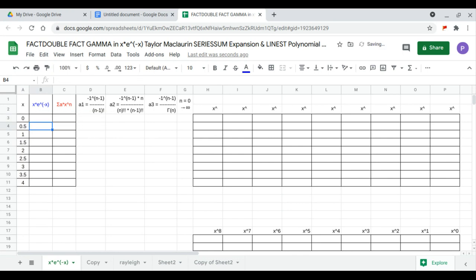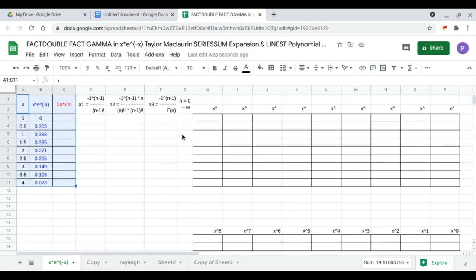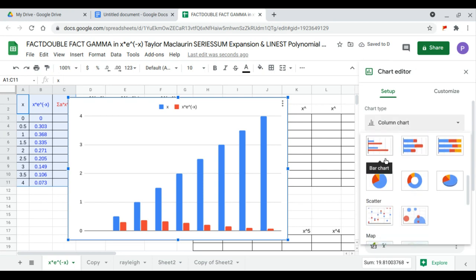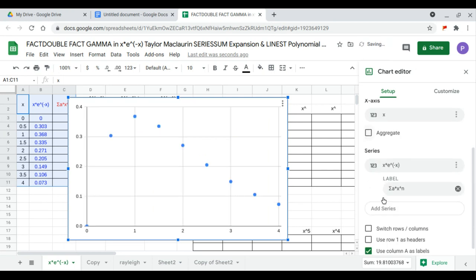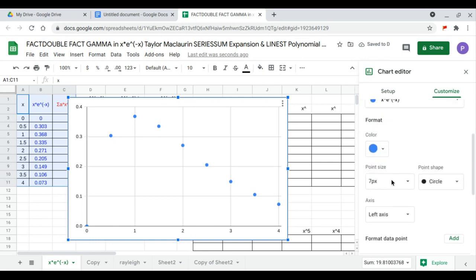And we'll chart this. We insert chart and we'll use scatter chart. And show the trend line.